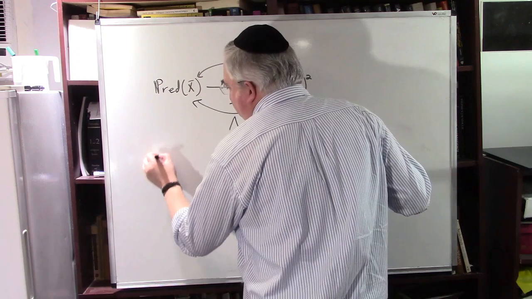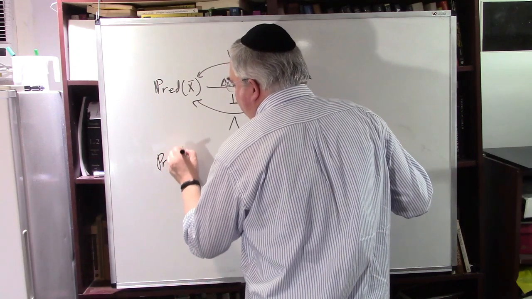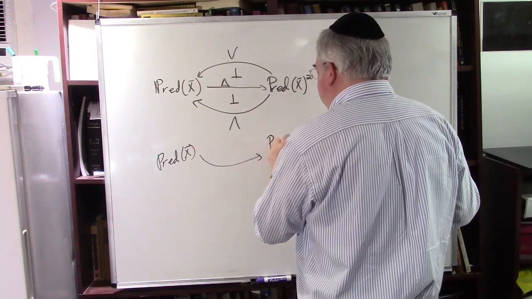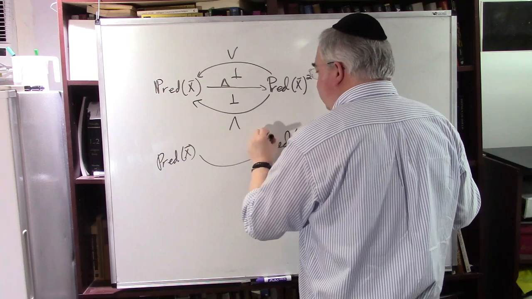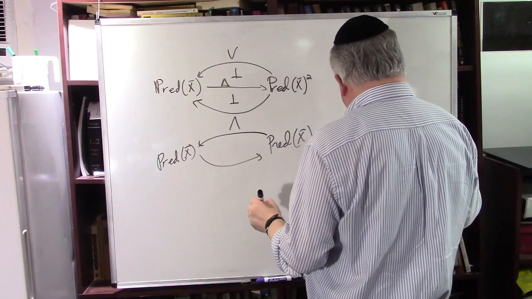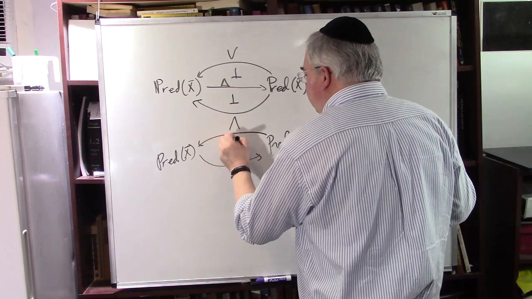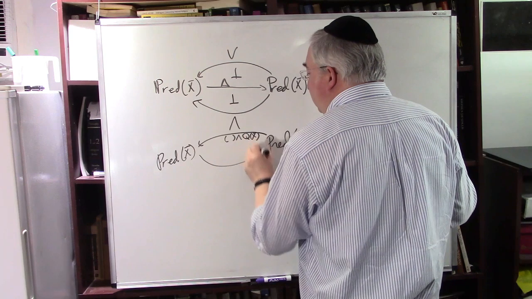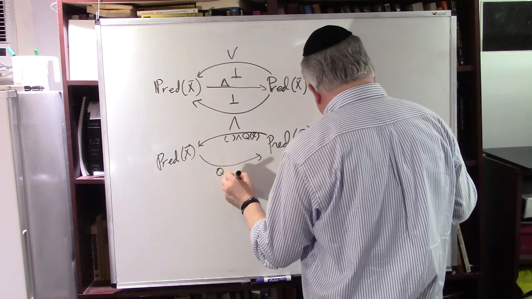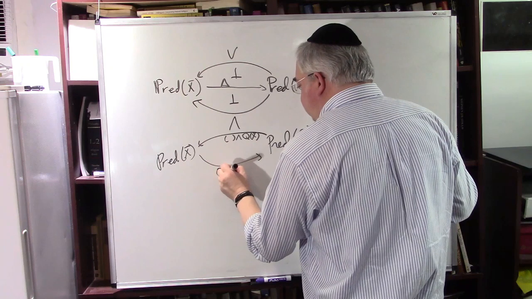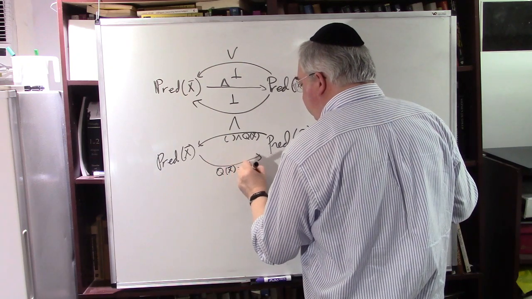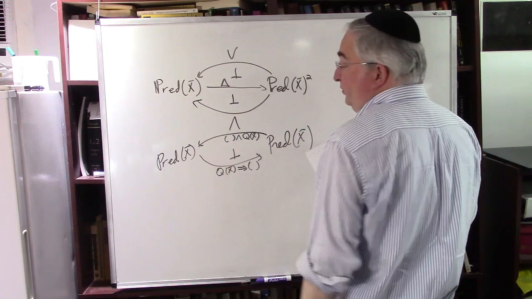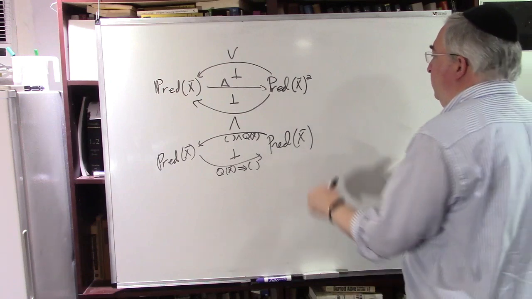Let's just do this. You have pred of x bar. Pred of x bar. Okay. And so this is open bracket and q of x bar, and this is q of x bar, internal arrow, open bracket. Main point, left adjoint, right adjoint. Okay, and what else?